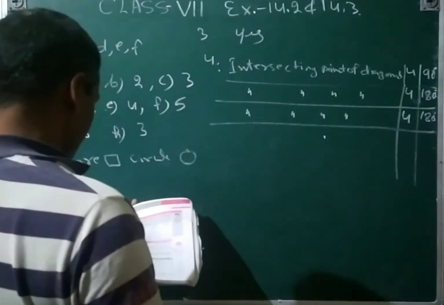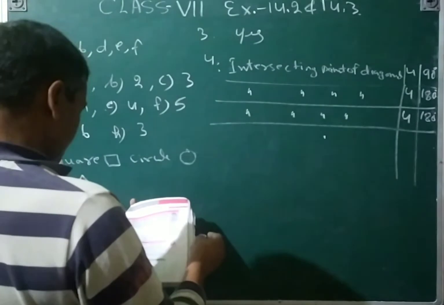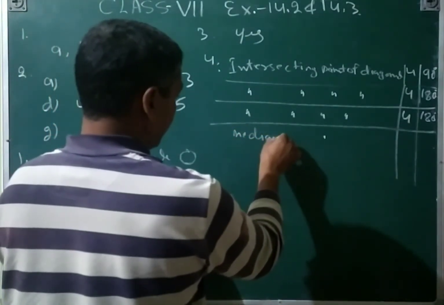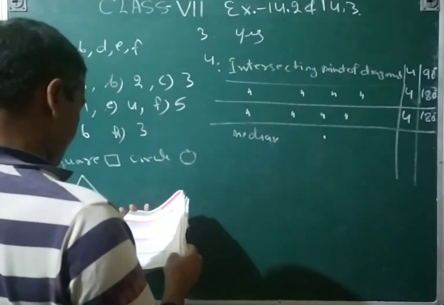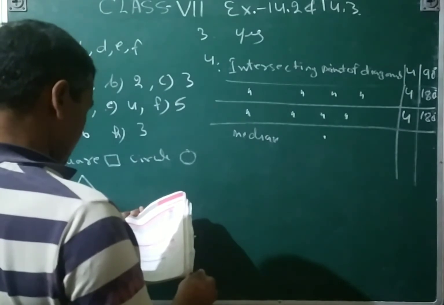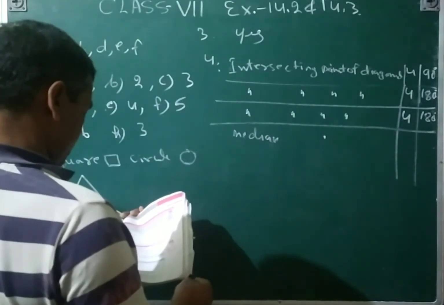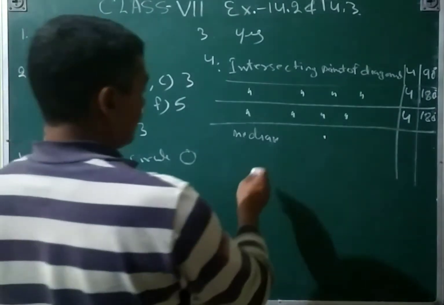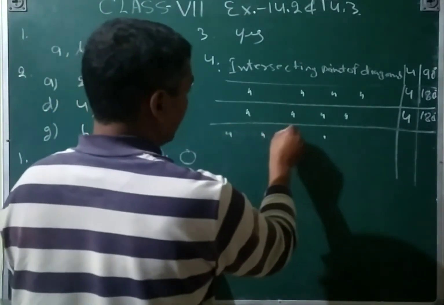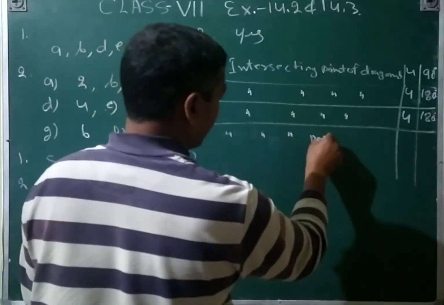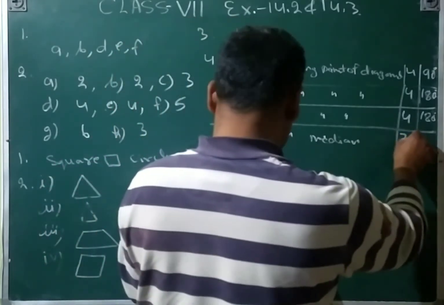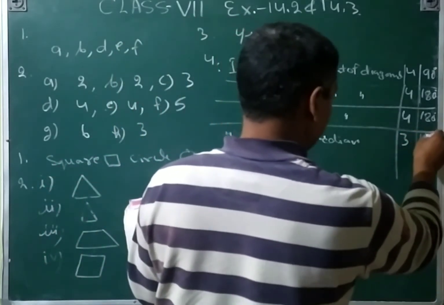Next, equilateral triangle, that is the intersecting point of medians, that will be 3, and then the angle will be 120.